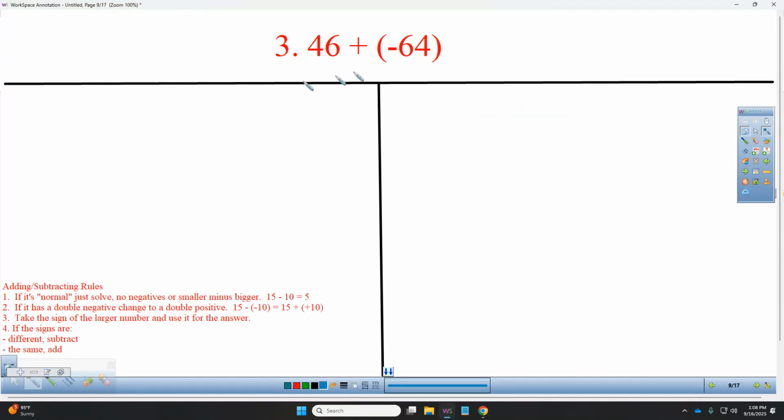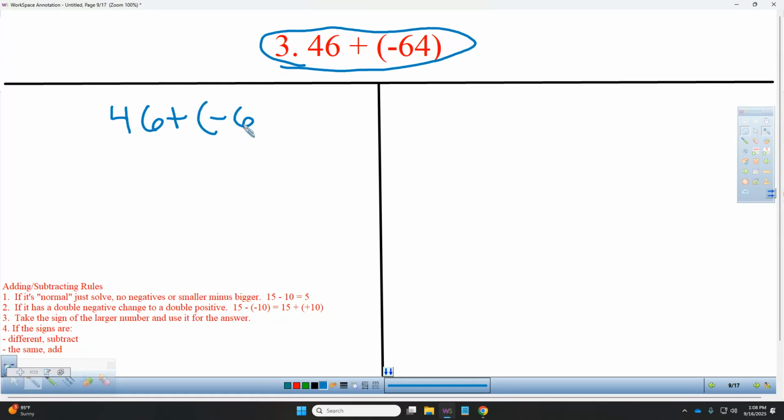Number 3, please write this into your rectangle, and then you're writing 46 plus negative 64 here. And would you please pause the video and solve it and circle your answer? Okay, hopefully you paused and you solved. Let's see if your answer matches up with my answer.